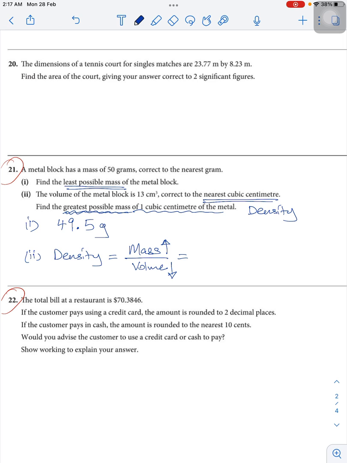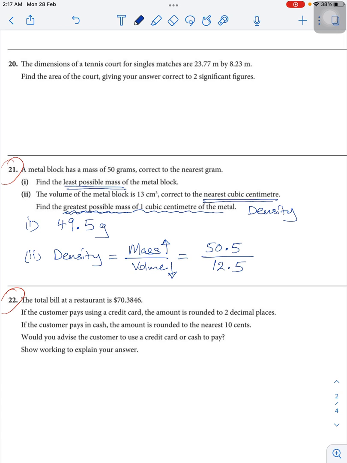So for the mass of 50 grams, the maximum you can go is 50.5. Over the volume, the smallest would be 12.5.